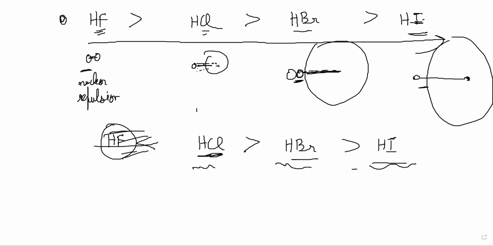Now, the next thing he's talking about is in the next paragraph. Another factor that affects the acid strength of oxo acids is the relative stability of the corresponding oxo anion. Once an acid dissociates, if you can make the anion that is formed more stable, then that will increase the acidity.